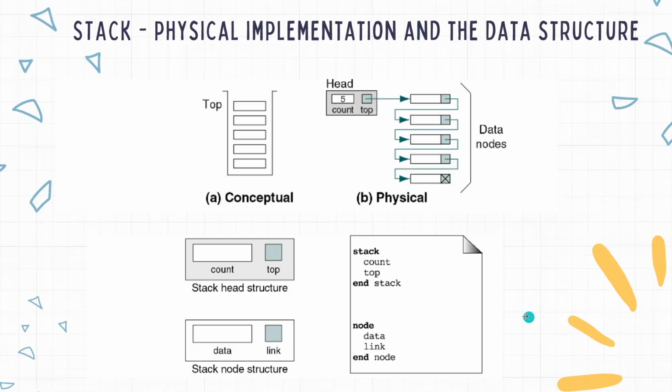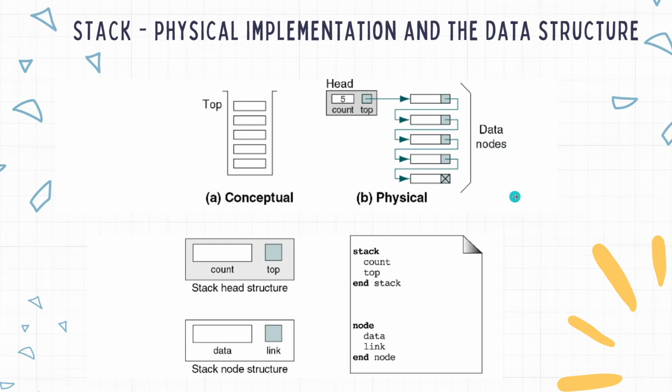So, now we look at how the physical implementation of stack using linked list will be. The first example, as I have shown in figure A, is the conceptual representation of a stack. You could see all the elements being stacked one above the other, and we have a topmost element being pointed to by top.